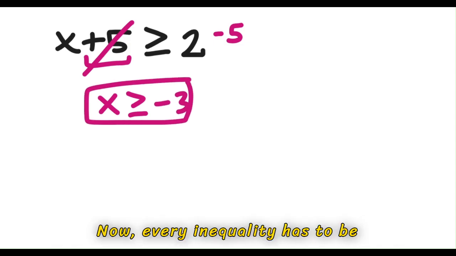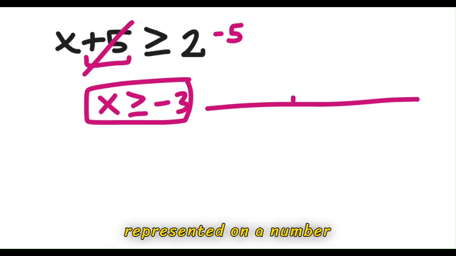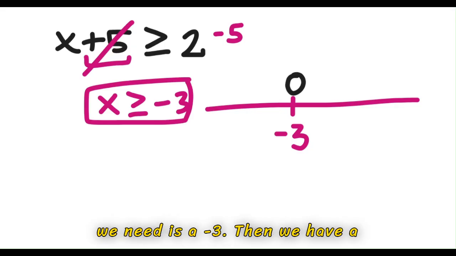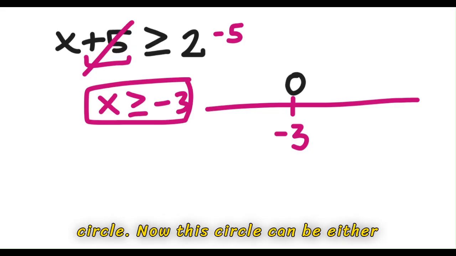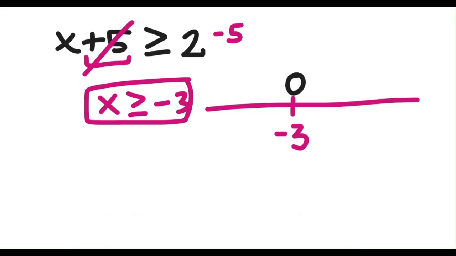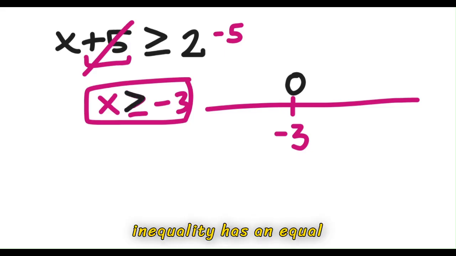Perfect. Now, every inequality has to be represented on a number line. All right, the number that we need is negative 3. Then we have a circle. Now, this circle can be either colored or it remains empty. It depends if your inequality has an equal sign underneath.